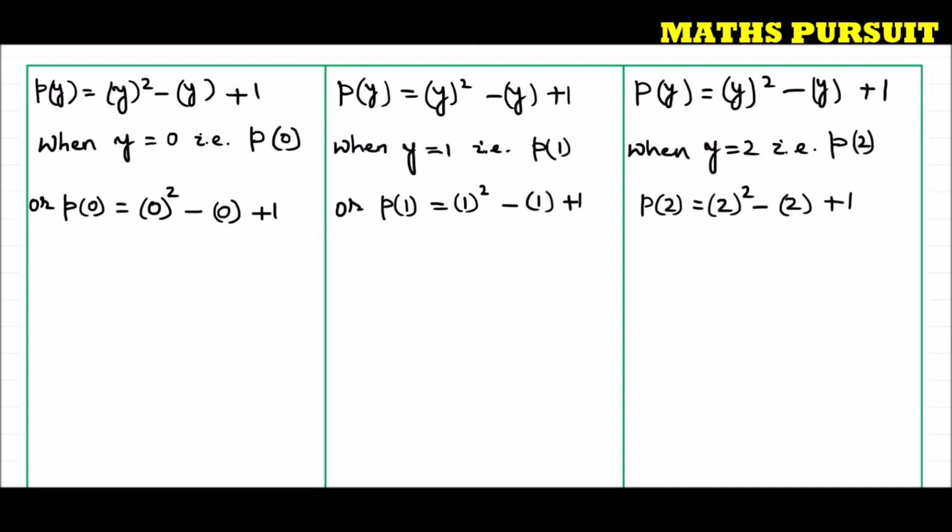Just replacing the value of y with the respective given numbers. In the first column, the given y value is 0. In the second column, the y value is 1. In the third column, the y value is 2.